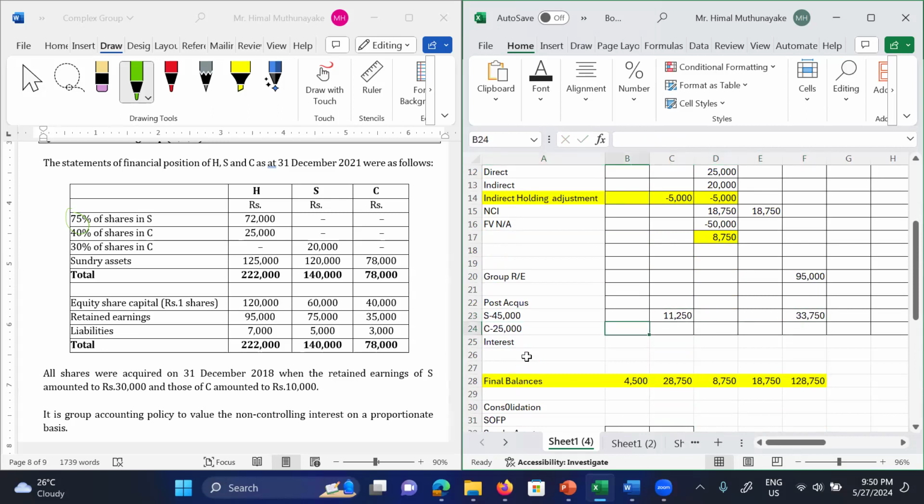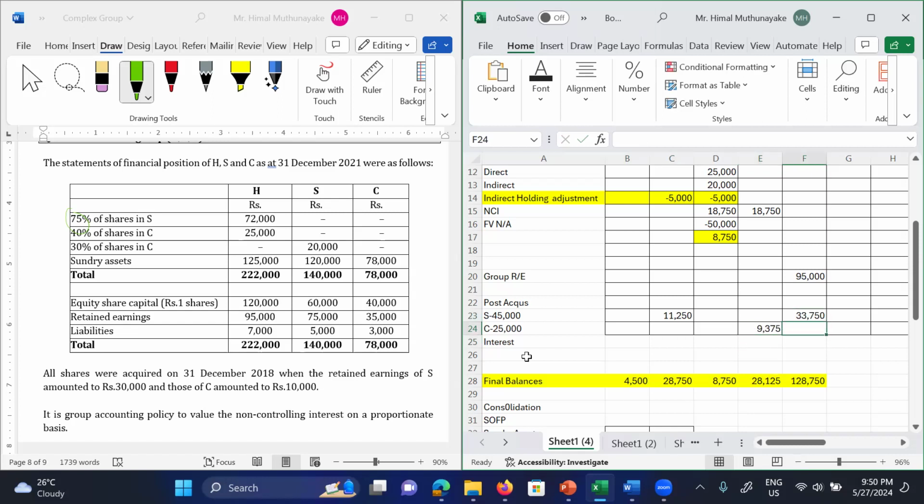Again, out of 25,000, you need to get 37.5 to NCI and 62.5 to group retained earnings, so it should be 9,375, right?